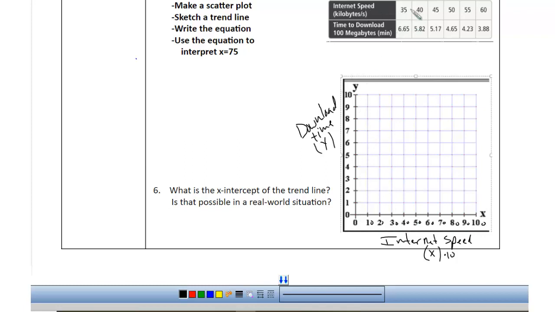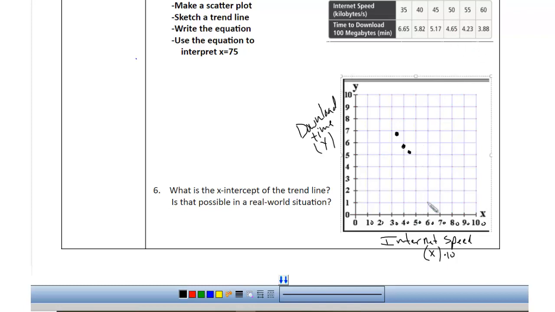So at 35, that's somewhere here right in between. We're at about 6.65, so somewhere just a little bit above the halfway point. Right about there is fine. At 40, I'm at 5.82, so not quite to 6. At 45, I'm at 5.17, so just a little bit past 5.